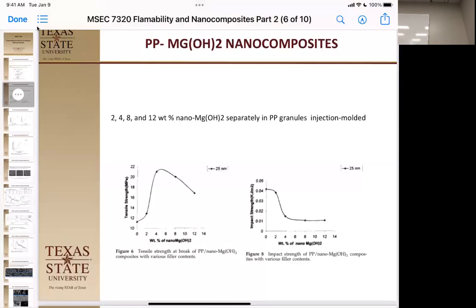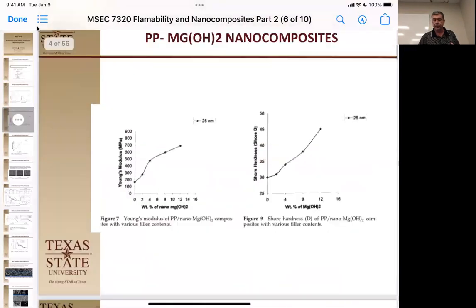So even though they're plates, and montmorillonite actually improves impact strength to a certain degree, these are soft plates, and so they do not increase the impact strength.